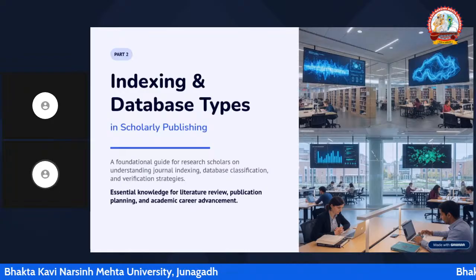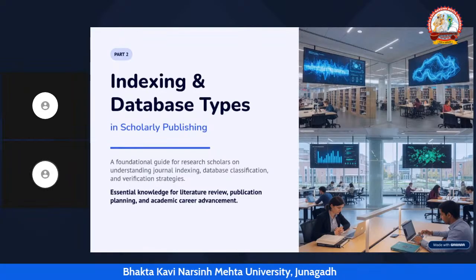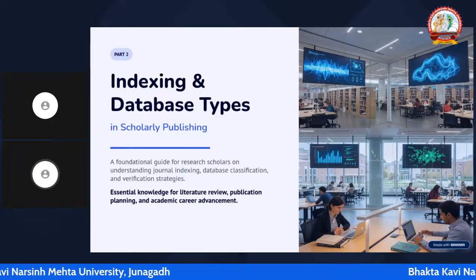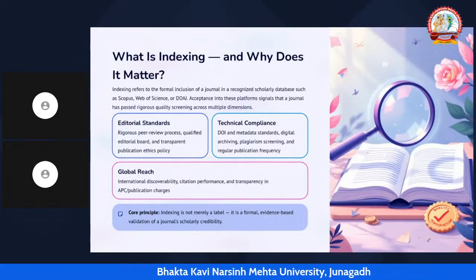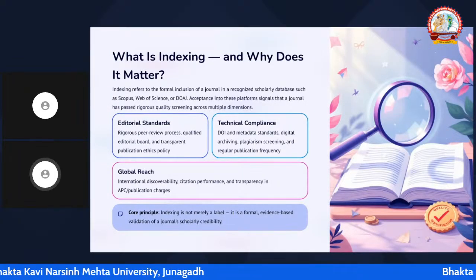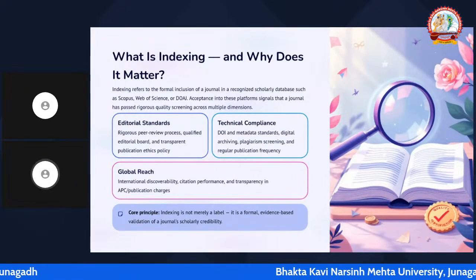There are two segments: research quality, to measure the quality of that particular research, and scholar visibility. These two aspects are used while indexing. What indexing is and why it matters. With the indexing we can make the editorial studies.